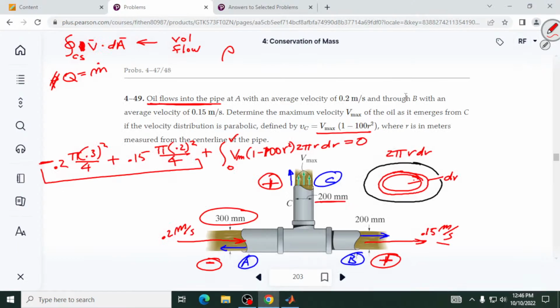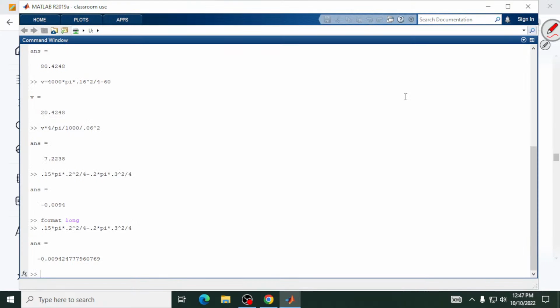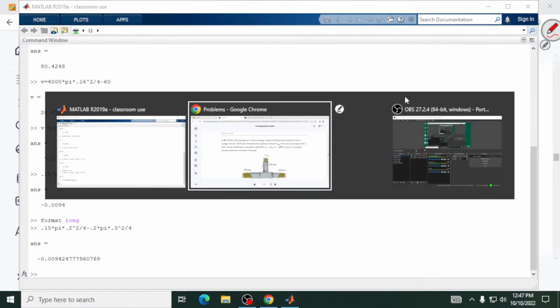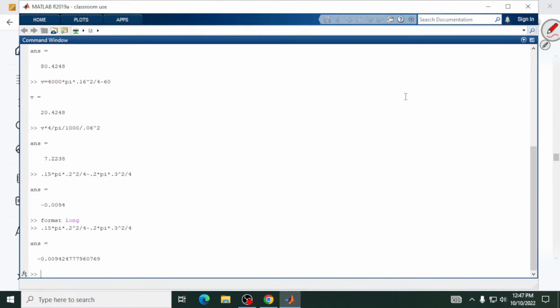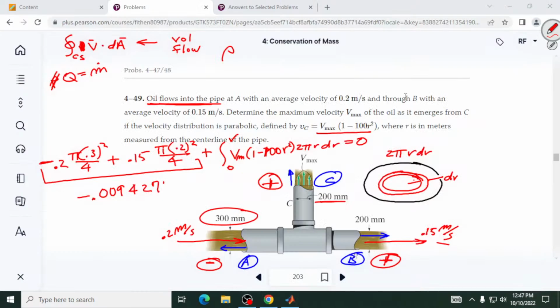So now if I take that, it's a minus point 00942. Now, is there a way I can do this so that... Does that sound right? I don't know. Because the thing is it's going to be pretty tiny.